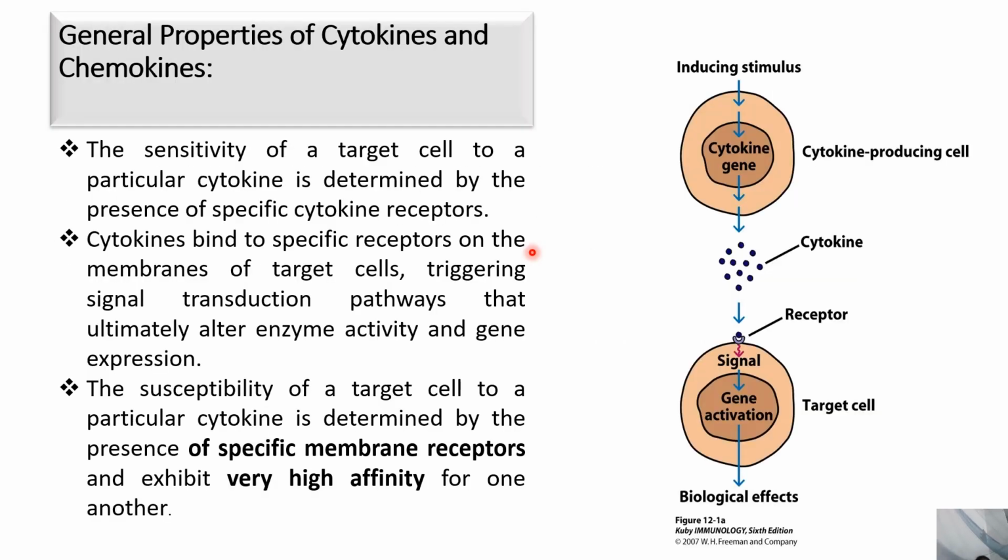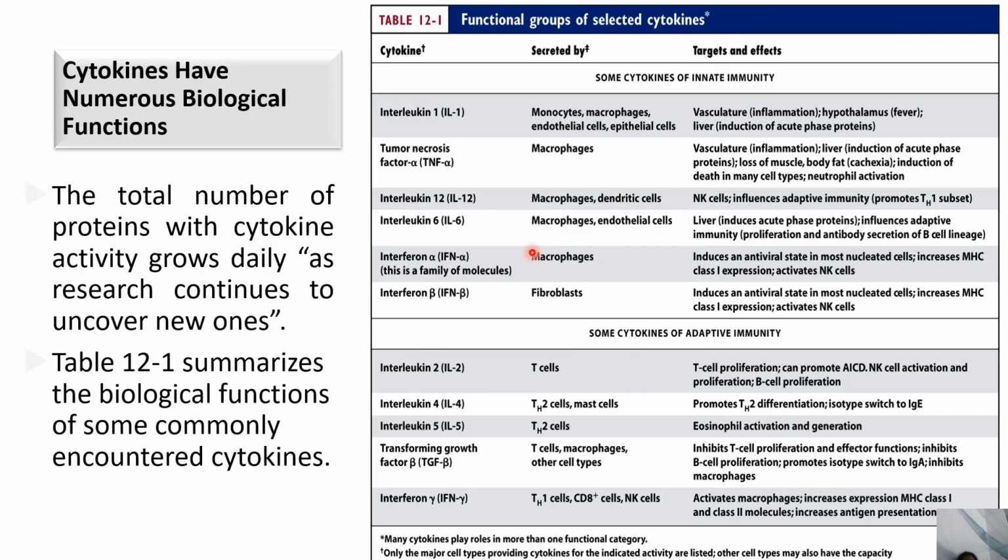The sensitivity of a target cell to a particular cytokine is determined by the presence of specific cytokine receptors. Cytokines bind to specific receptors on the membranes of target cells, triggering signal transduction pathways that ultimately alter enzyme activity and gene expression. The susceptibility of a target cell to a particular cytokine is determined by the presence of specific membrane receptors, which exhibit very high affinity for them.